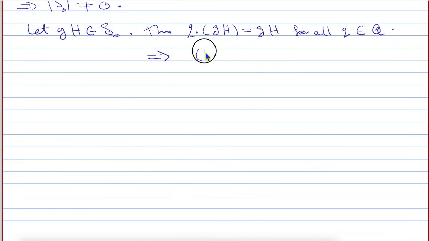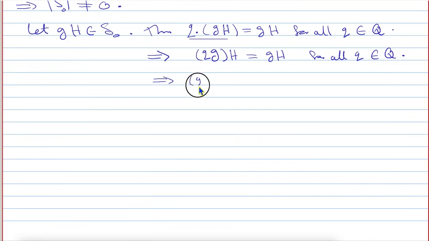From here we have qgH equal gH for all little q in Q, okay? And then just multiplying both sides by g inverse results in g inverse qgH equal H, again for all little q in Q, okay?